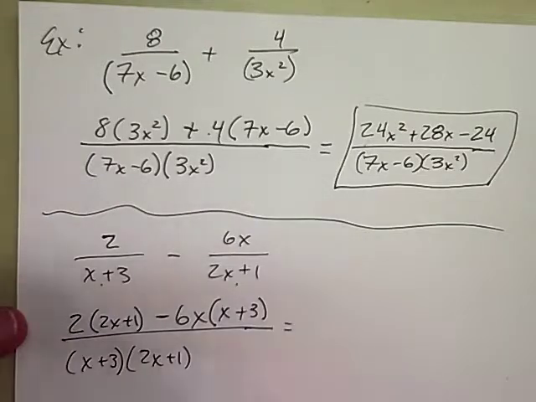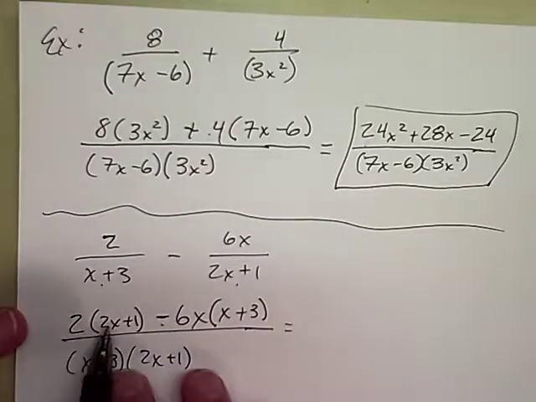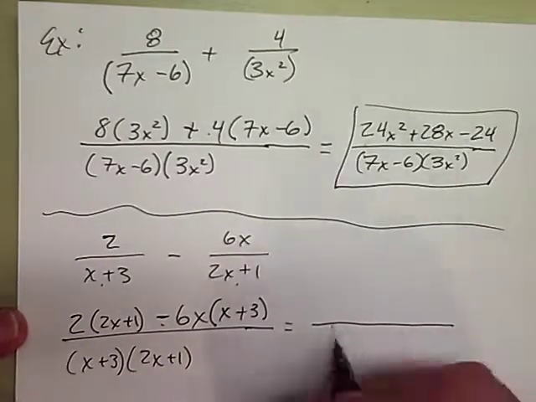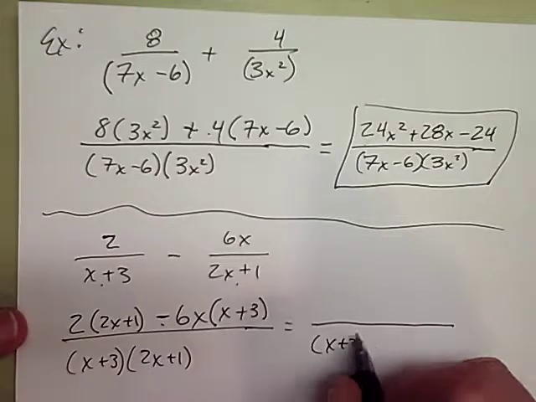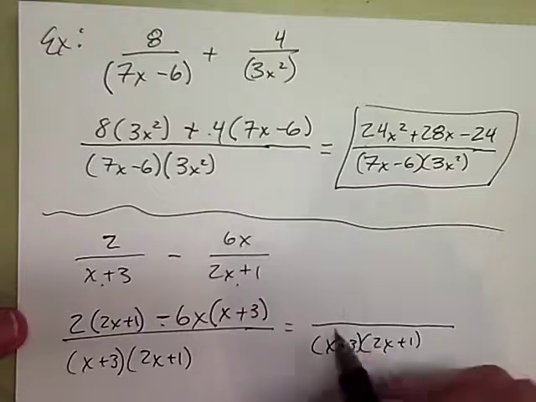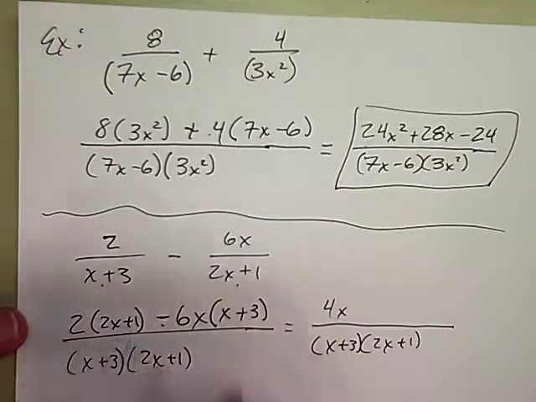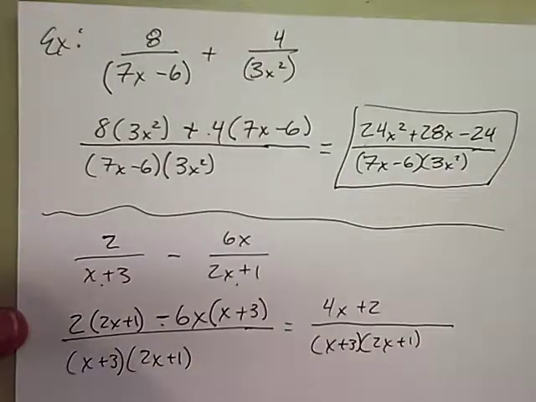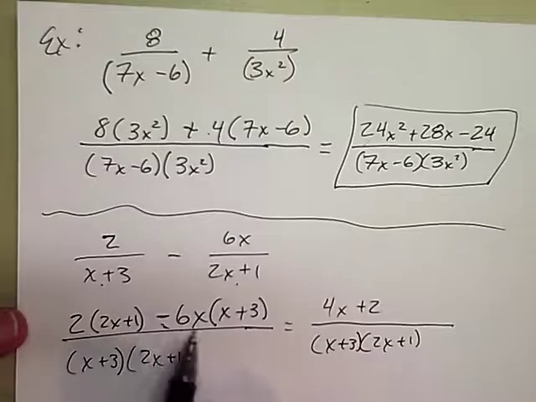And now I'm going to distribute. And now this time when I distribute, I have to distribute the negative 6x. So here, let's get our denominator in, x plus 3 and 2x plus 1. All right, now when I distribute 2 times 2x, I get 4x. 2 times 1 is a positive 2. And now I got to distribute the negative 6x.